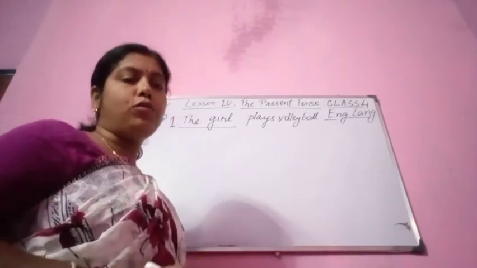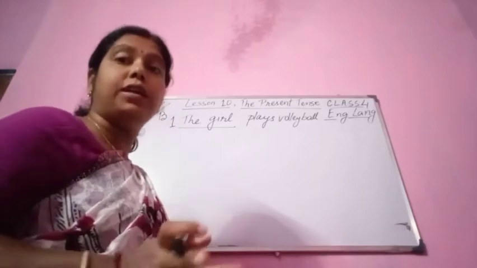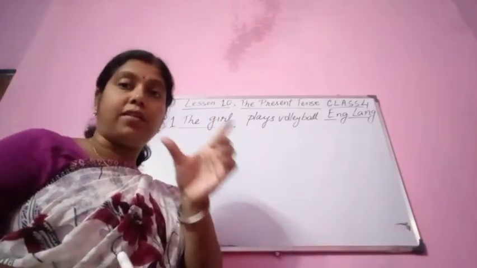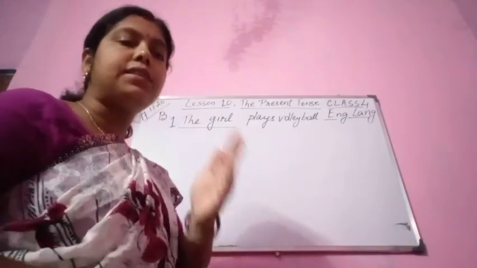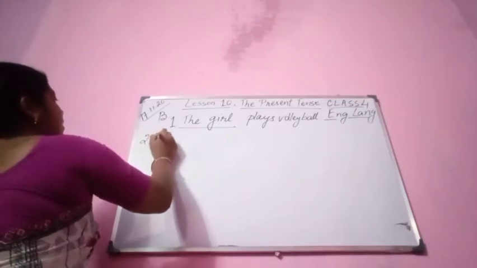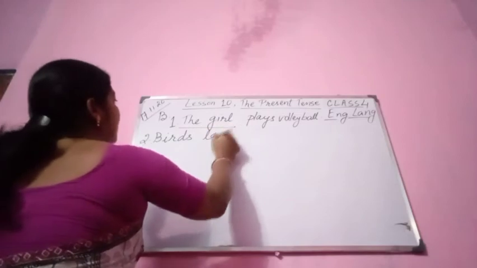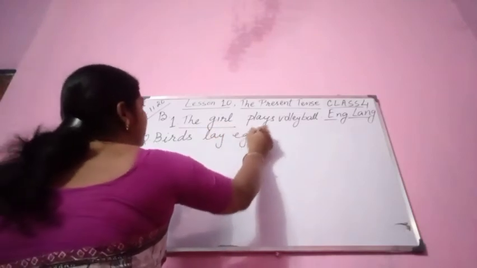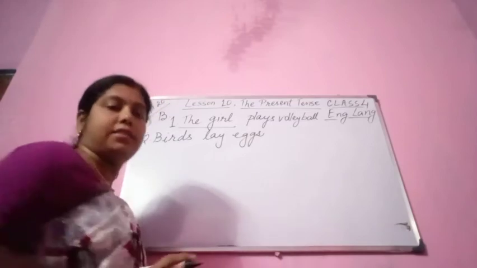Number 2, you see, a bird lays eggs in its nest. Here the subject, a bird, is singular. So we are going to make it plural. Birds lay eggs in their nests.